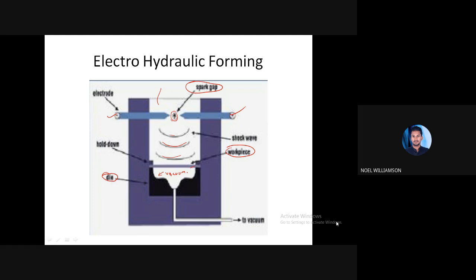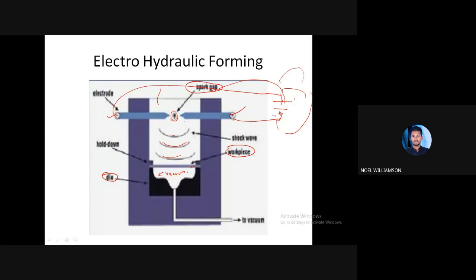A tremendous amount of energy will be stored in the capacitor. We have seen there is a capacitor circuit. A capacitor circuit will be attached to the electrodes, with certain connections. Ultimately, the energy stored in the capacitor will be discharged at the time when the spark is to be generated.